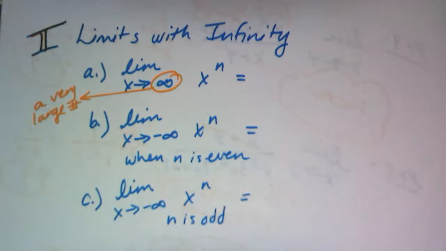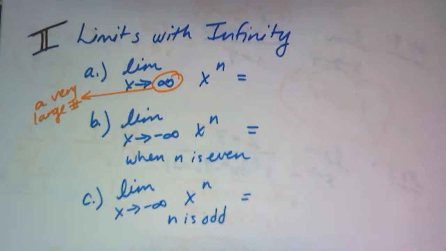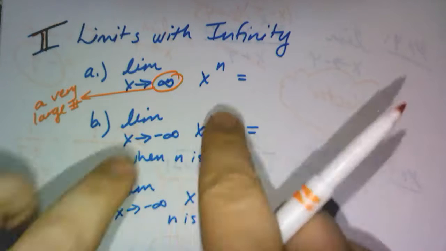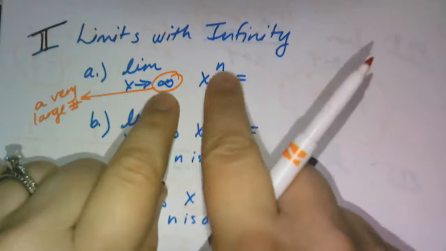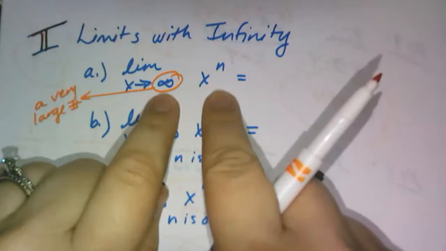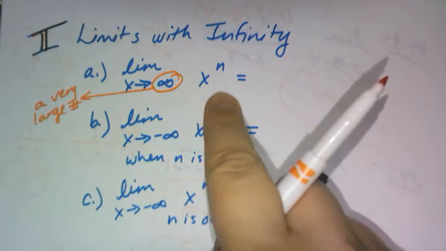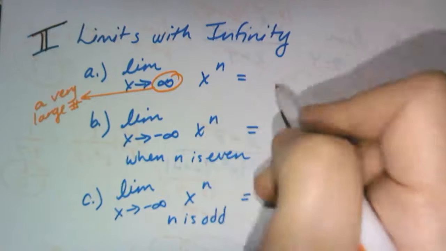An even larger number. What if you were to take that number and cube it? Even larger. So what would be the limit as x approaches infinity of some power function here? Just x, a large number. How do we write that? Infinity.